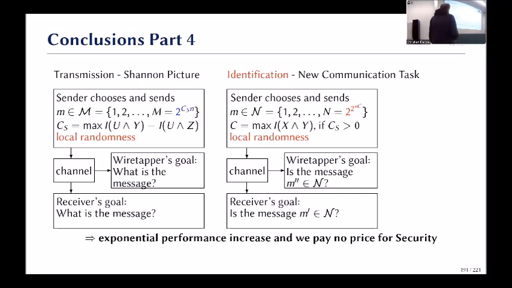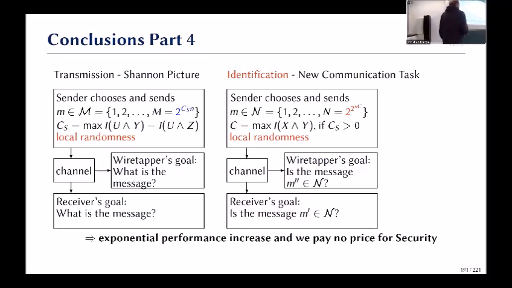If we look at the transmission with the channel picture, we have here this part with local randomness, we have the channel, the wiretapper's goal, what is the message, and the receiver's goal, what is the message. And here we have identification.